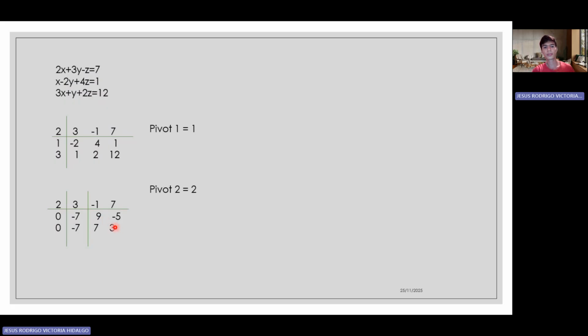We have to emphasize that the last pivot was 1, so we didn't divide by that 1 because it's going to be the same value. But in the next step, we're going to use the last pivot. We used the 2 right here, so the last pivot in this step will be 2. Now we're going to use the minus 7 right here.